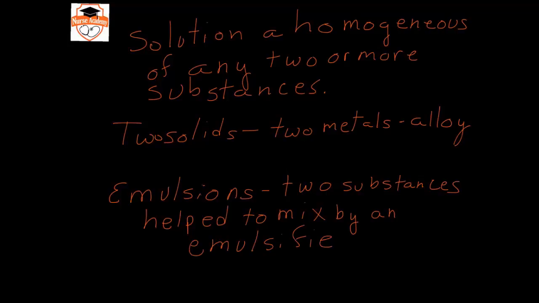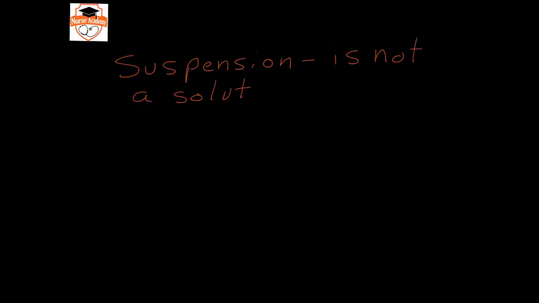Another type of mixture, which is a non-homogeneous mixture, is a suspension. A suspension is not a solution, although often the same types of concentration units are used for a suspension as are used for a solution. A suspension has larger solute particles that can settle out over time.